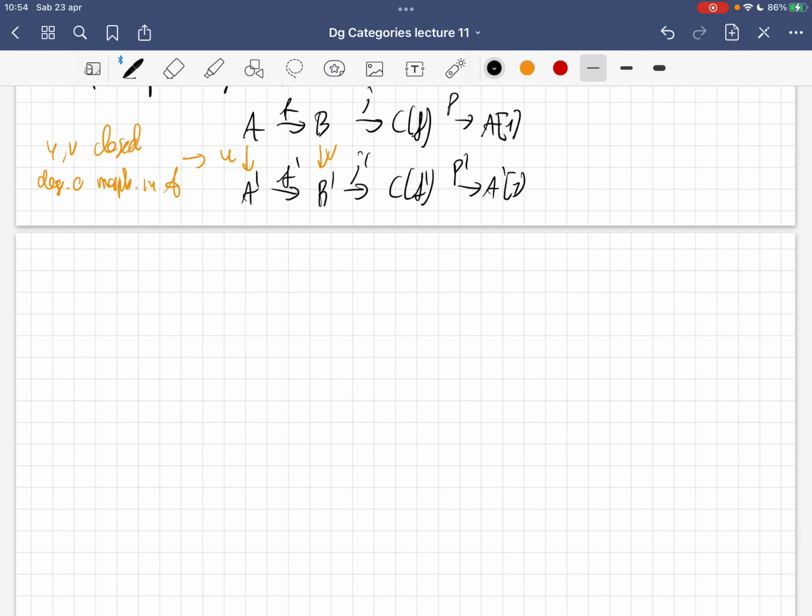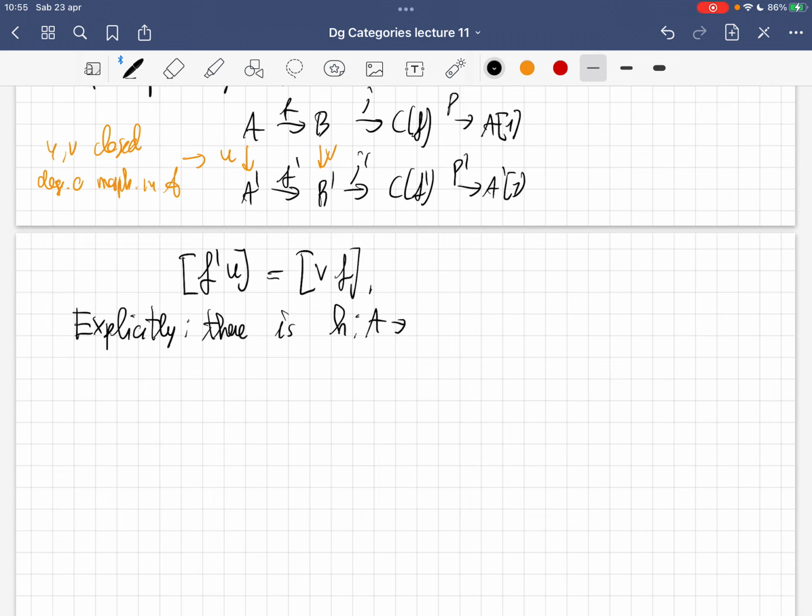So what does it mean to be commutative in T? It means it's commutative in H0 of A. So explicitly, it's this compatibility of cohomology classes, and explicitly, there is some H from A to B prime of degree -1, such that the differential is this difference.